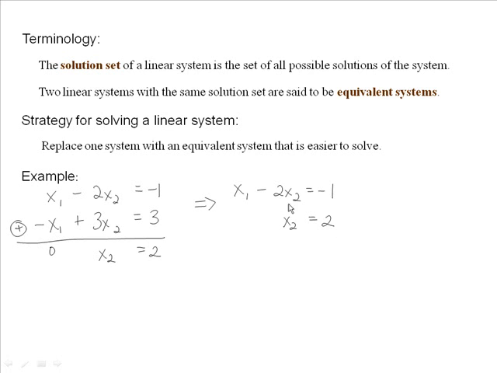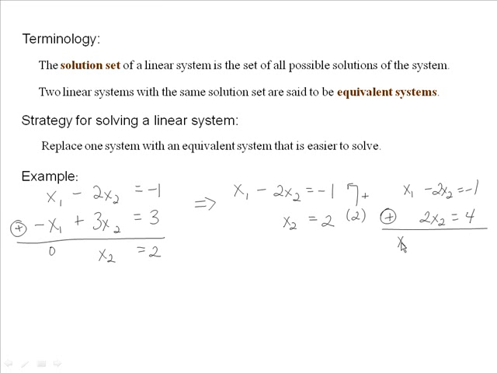And now I want to eliminate x2 from the first equation. So I'm going to multiply here by 2, and then add it to the next equation. When I multiply through by 2, I'll end up with 2x2 equals 4. And then we have our first equation still, and we will add those two together.